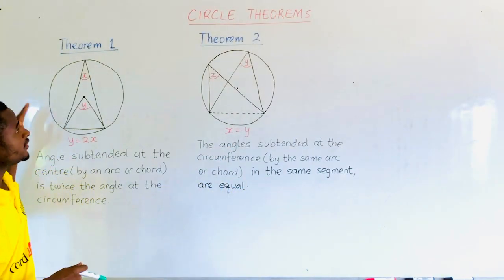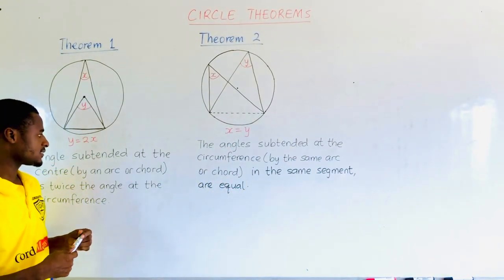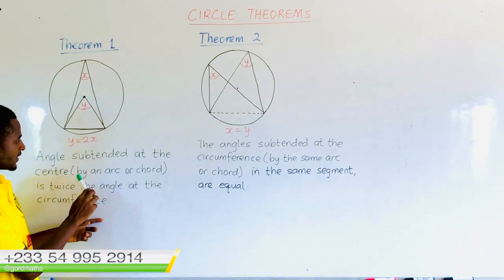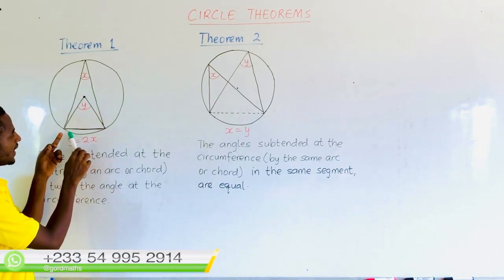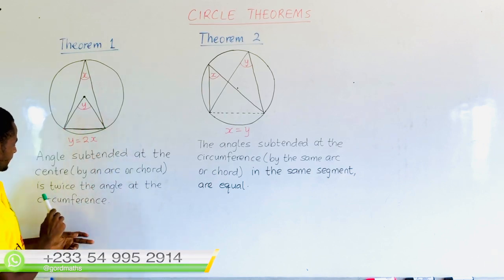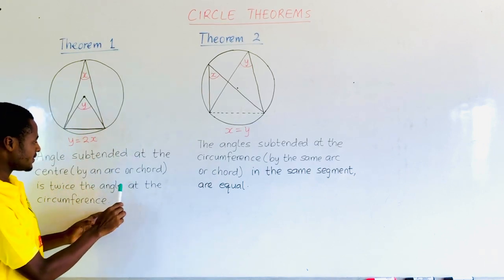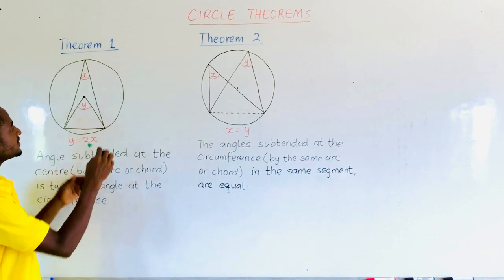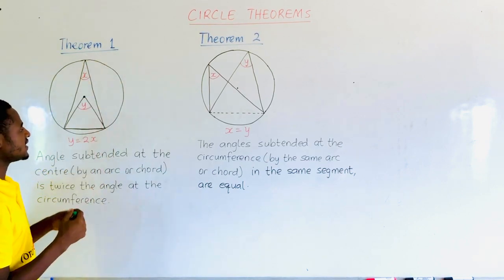The first theorem of a circle is that the angle subtended at the center of a circle by an arc or a chord is twice the angle subtended at the circumference of the circle, that is, when they are in the same segment.